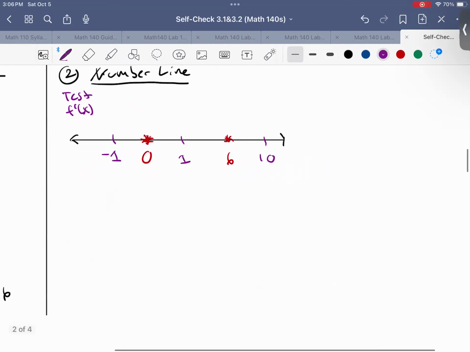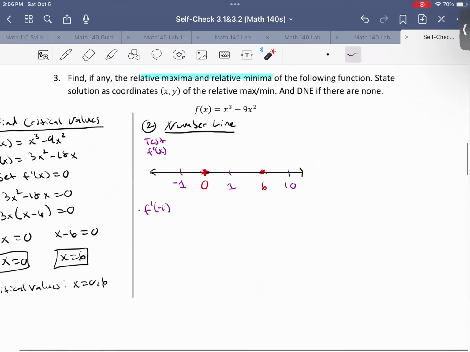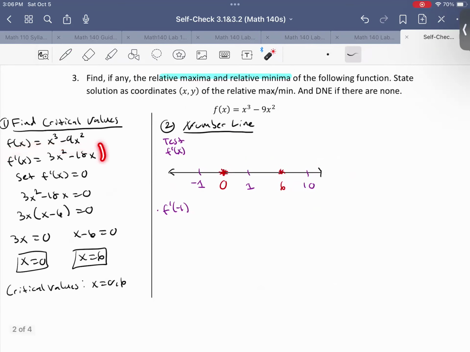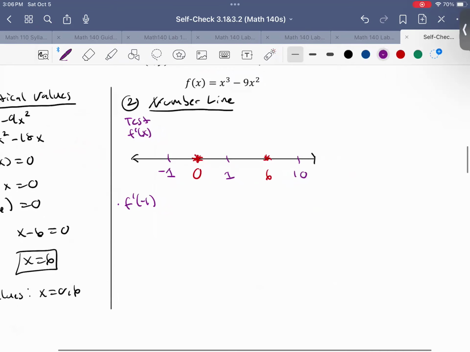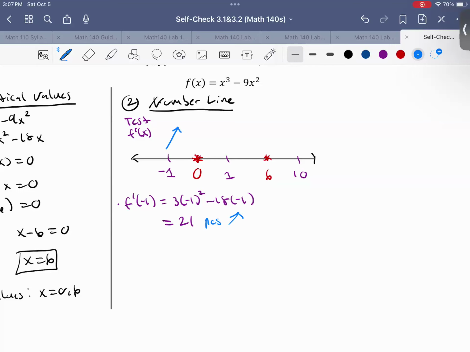If I plug in -1 into our first derivative, which is this right here, let's see what we get. 3 times -1 squared minus 18 times -1, and we end up with positive 21. Remember, it's not really about the value, it's about positive or negative. So this is positive, which means it's increasing. So I'm going to make an increasing annotation.